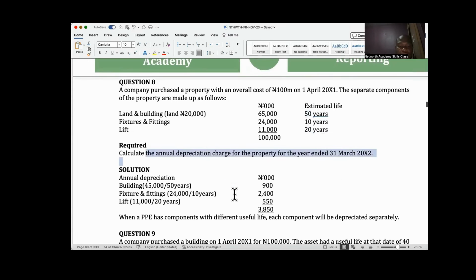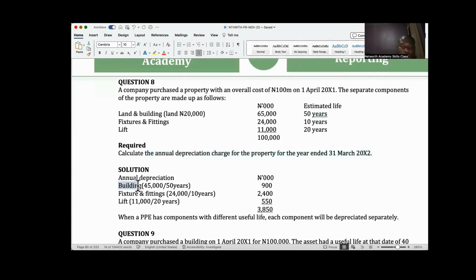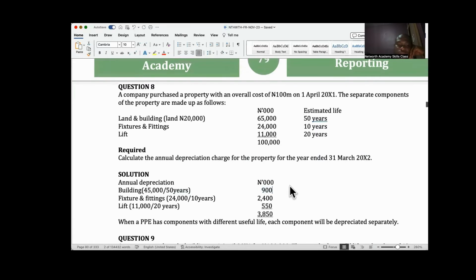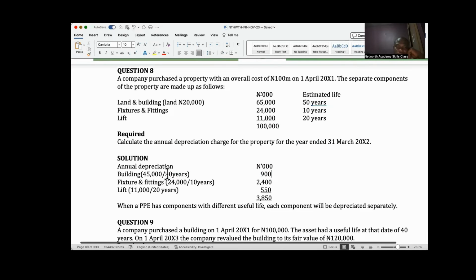For the annual depreciation, we get the building, which is 45,000. We cannot depreciate land, so that's why we remove this 20,000 from 65,000 to give us 45,000, divided by the useful life of 50 years. That gives us 900. The fixtures and fittings cost is 24,000 divided by the useful life of 10 years.